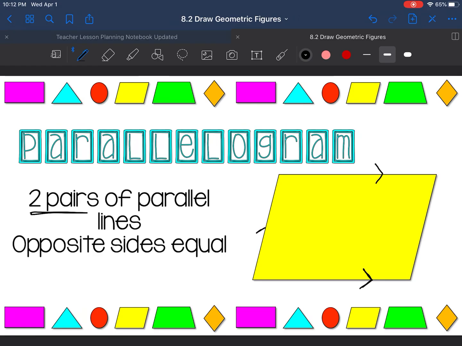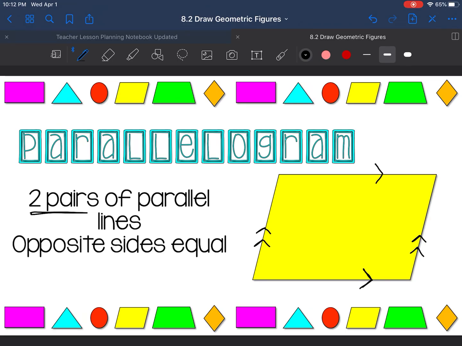My other 2 sides are also parallel lines that are never going to intersect. They're never going to come together, and I'm going to show that those are parallel and they don't intersect by drawing 2 arrows. So just like how we did with the rectangle, 1 arrow means that those 2 sides are parallel. 2 arrows means those 2 sides would be parallel to each other.